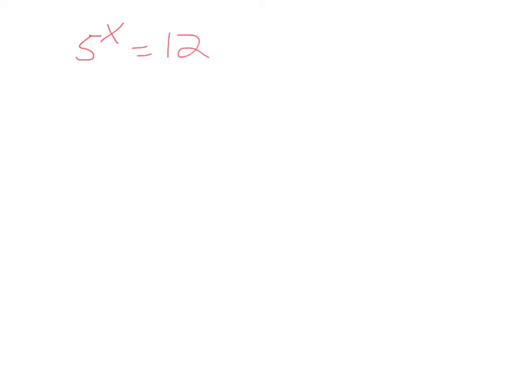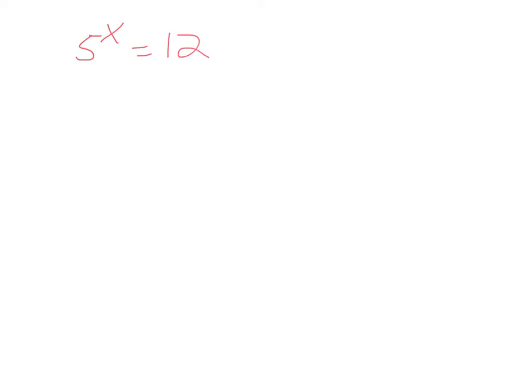But there's no way we can get 5 and 12 to have the same base. So what we're going to do is take the log of both sides, which the principle of logarithmic equality says we can do. You should pick what you're going to use, and your choices really are log base 10 or natural log. It really doesn't matter which one you use.